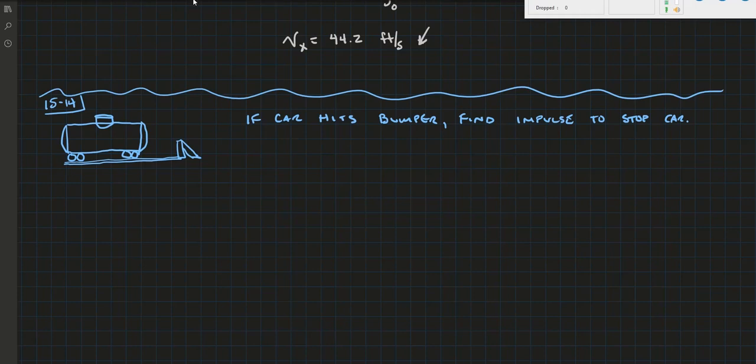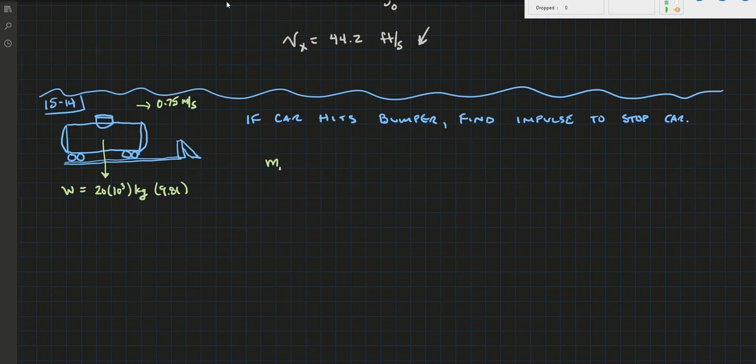We've got this train car that's moving along at, I think it's 0.75 meters per second, with a center of gravity weight of 20 times 10 to the third kilograms, and then we have to multiply that by 9.81 to get the weight of our car.